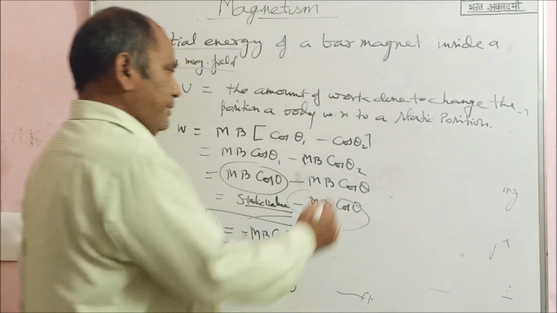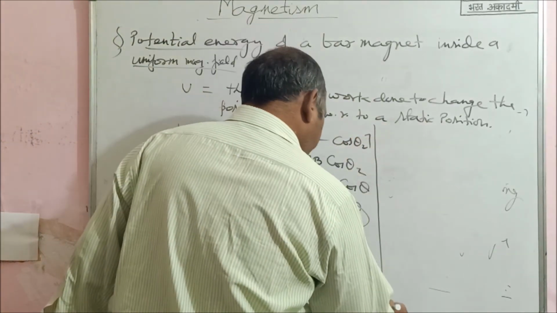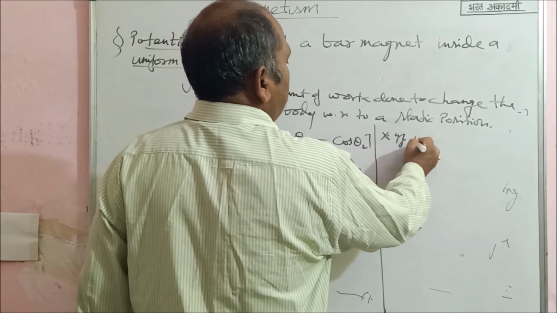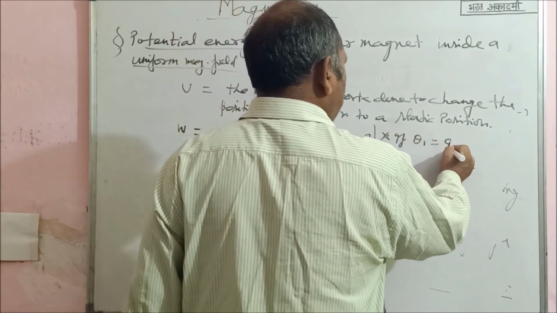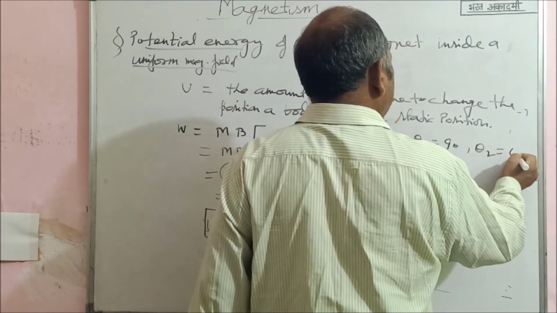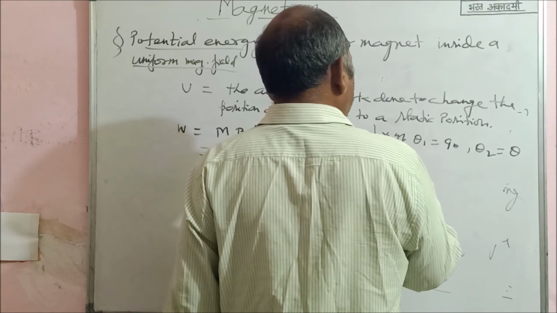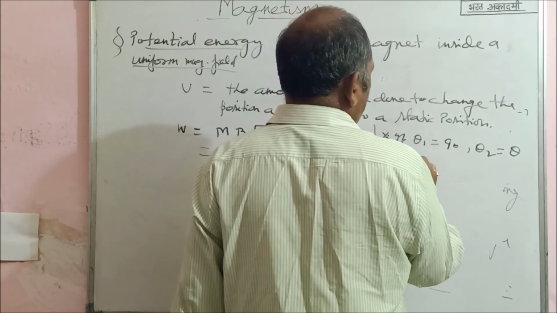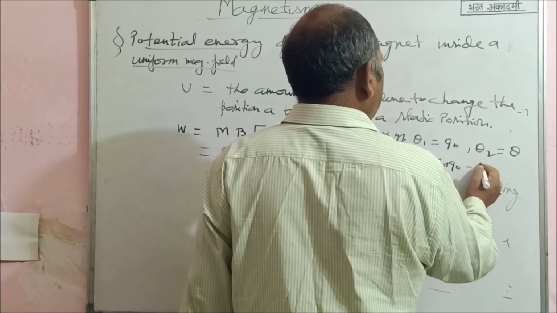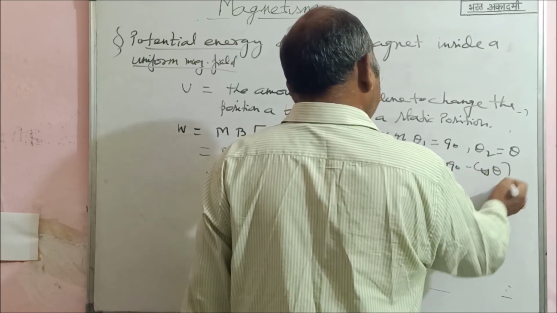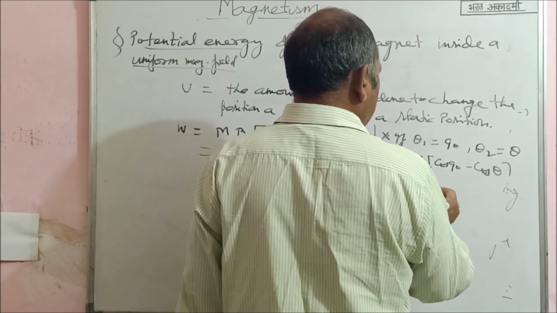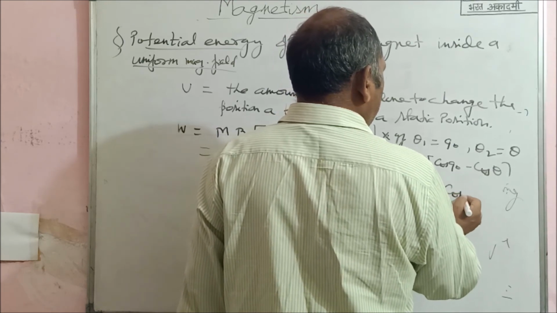Another way to calculate it: if theta 1 is taken as 90 degrees, and theta 2 as theta. So what we will get, U is equal to mB (cos 90 minus cos theta), and cos 90 is 0, so it remains minus mB cos theta.